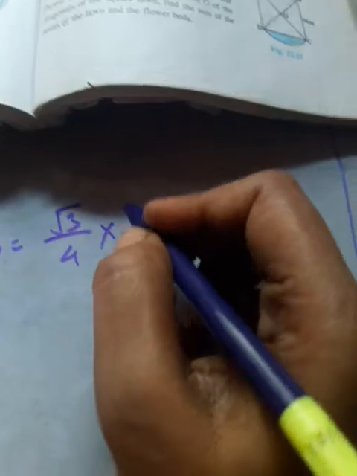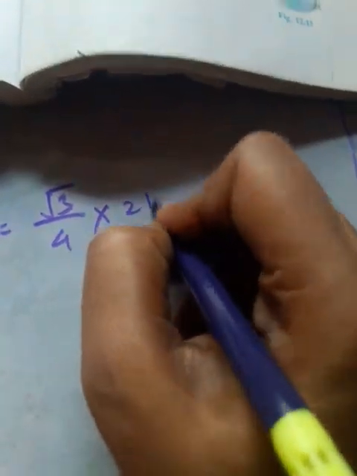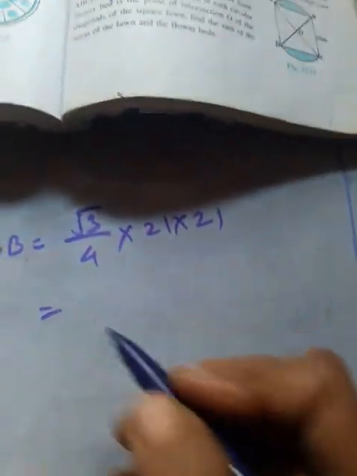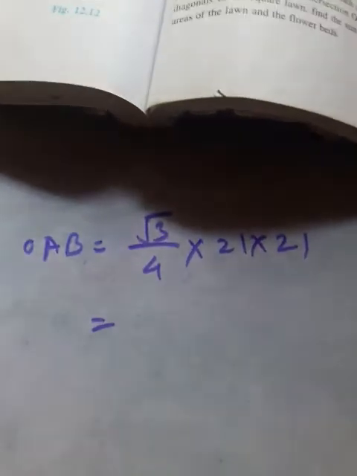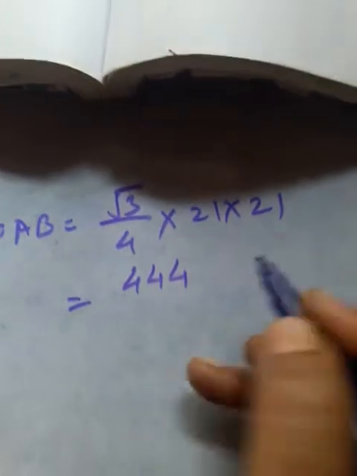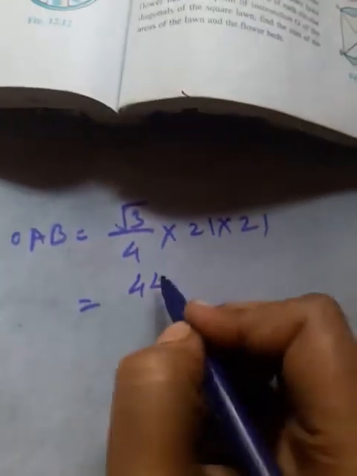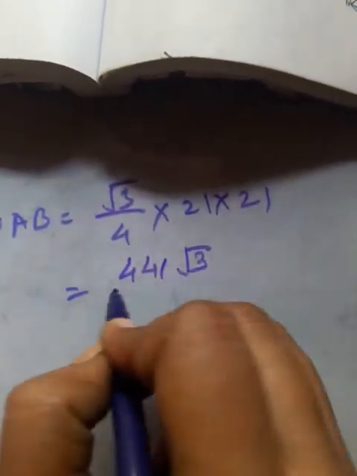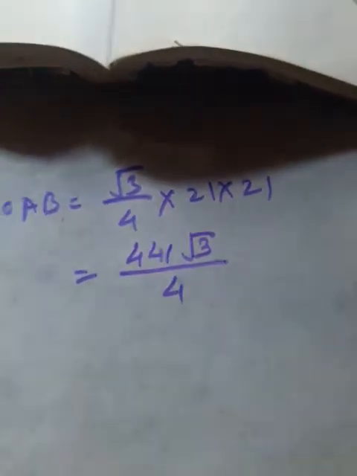If the value of under root 3 is given in the question, then substitute it. So the area of the triangle is, after calculation, 441 into under root 3 by 4.